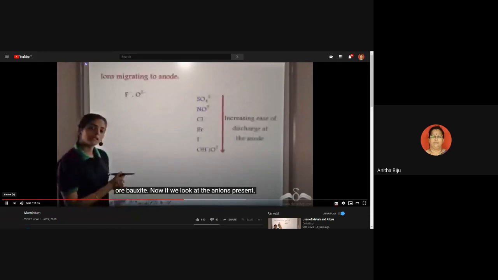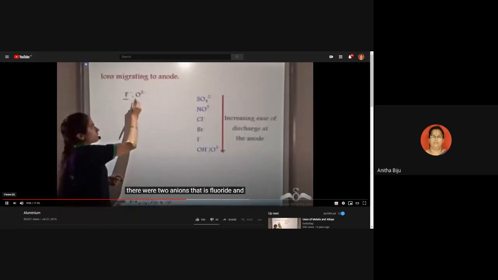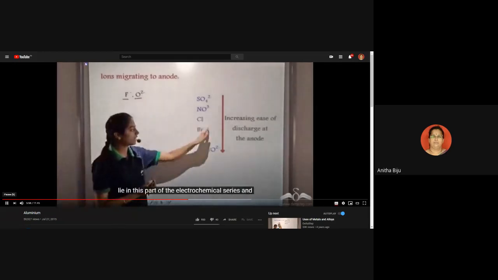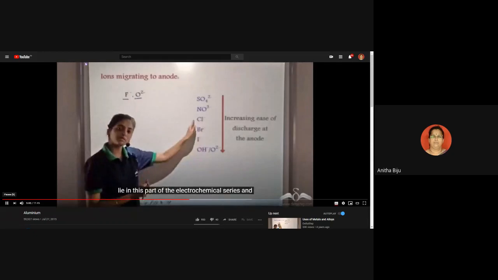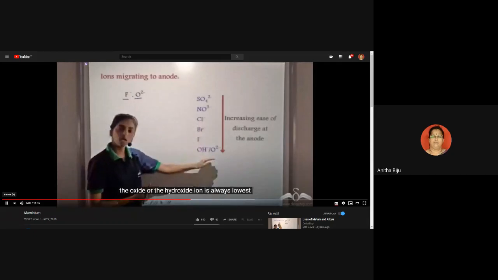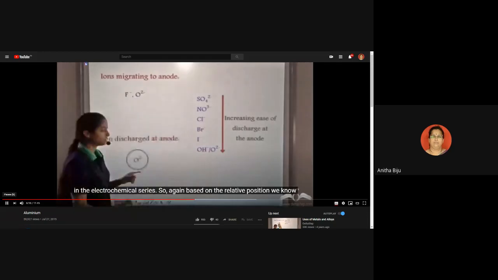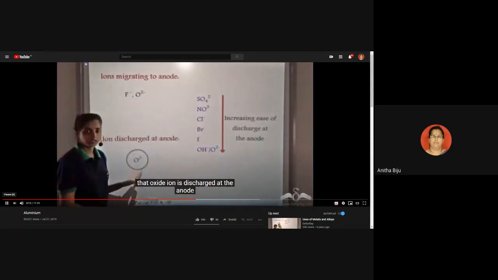Now, if we look at the anions present, there were 2 anions, that is fluoride and oxide, O2 minus. The halogens lie in this part of the electrochemical series, and the oxide or the hydroxide ion is always lowest in the electrochemical series. So again, based on the relative position, we know that oxide ion is discharged at the anode.